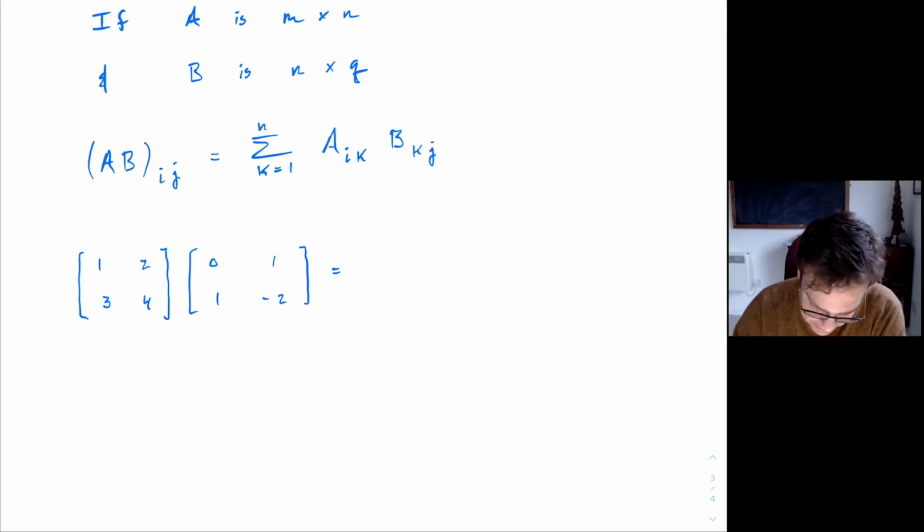Going across row 1 of A, we have 1 times B 1 1, which is 0, plus the second term, A row 1 column 2, which is 2, times B row 2 column 1, which is 1. So that's the first element.